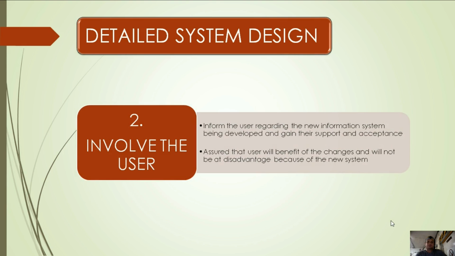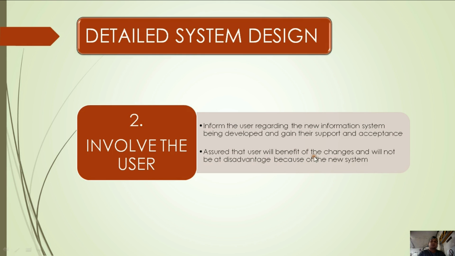Next is to involve the user, the people who will be using the system. Inform the user regarding the new information system being developed and gain their support and acceptance.